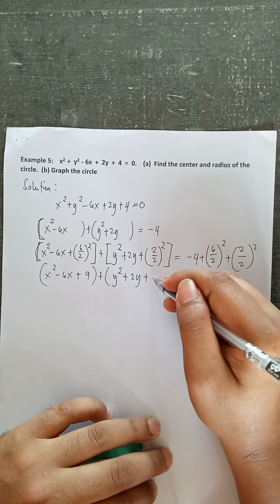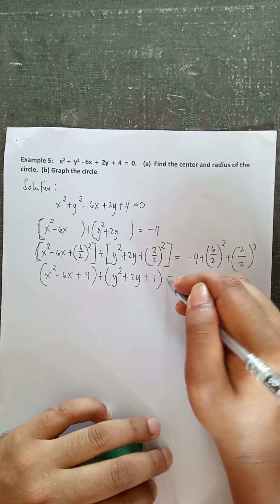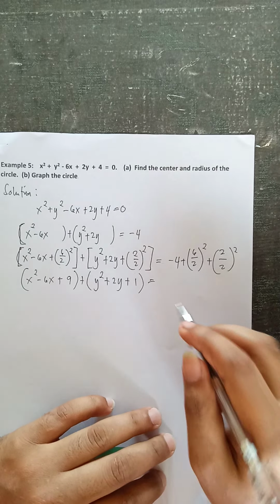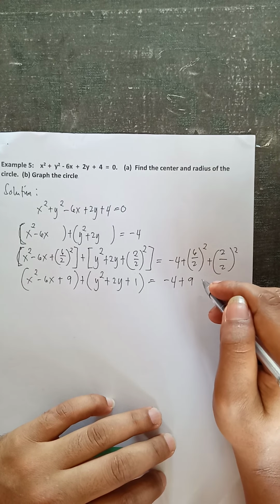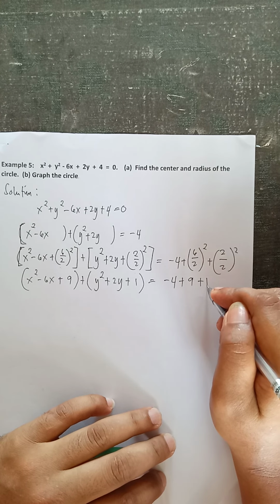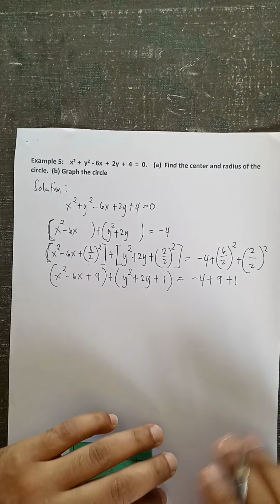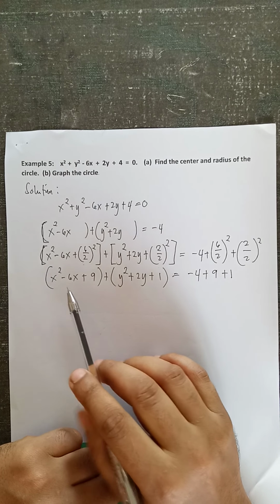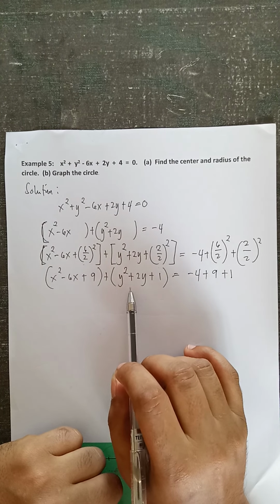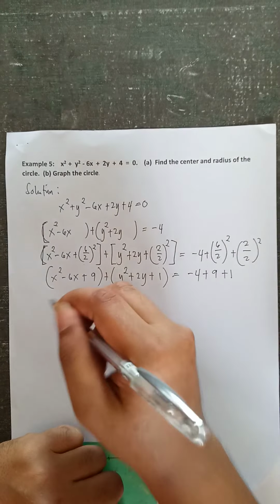Squared na to siya, 1 ra gyapon, equals negative 4 plus 9 plus 1. Okay? So naa na tay perfect square trinomial in x and perfect square trinomial in y.